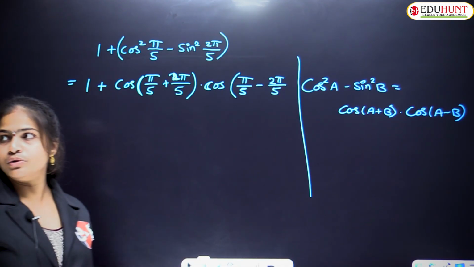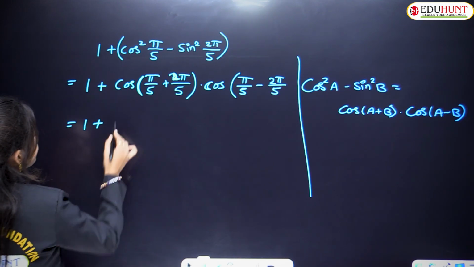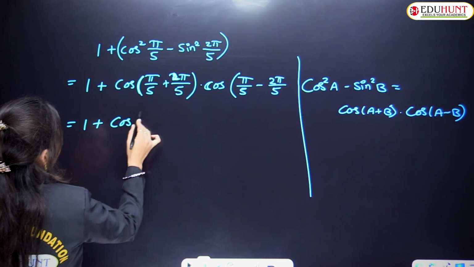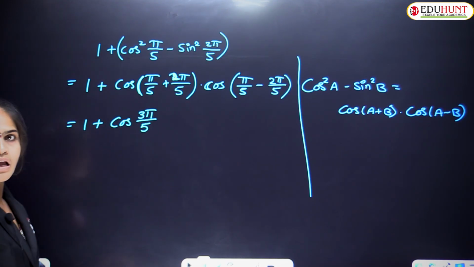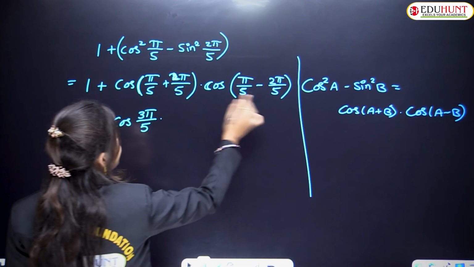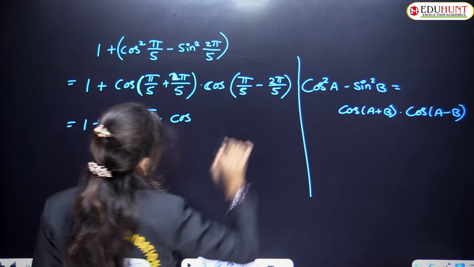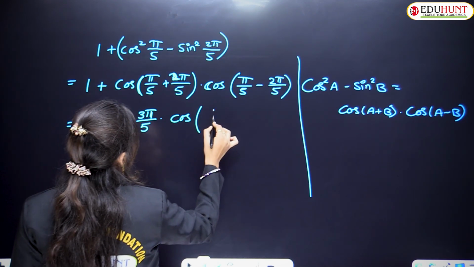Which equals 1 plus cos of 3 pi by 5, into cos of pi by 5 minus 2 pi by 5. So we will get cos of minus pi by 5.